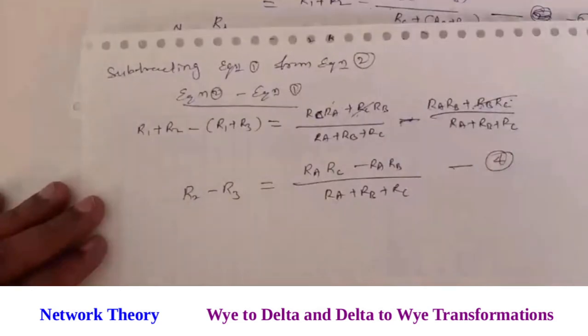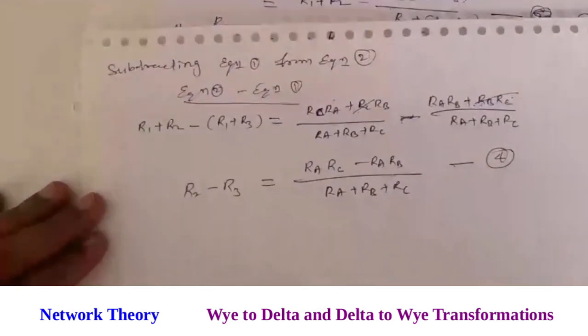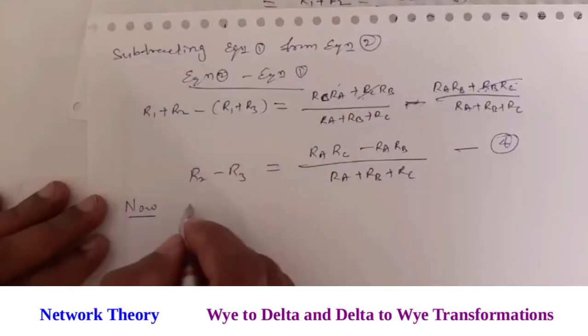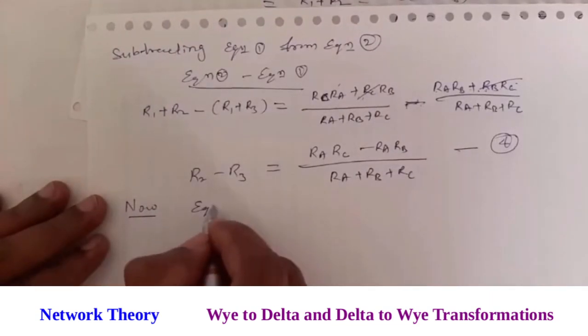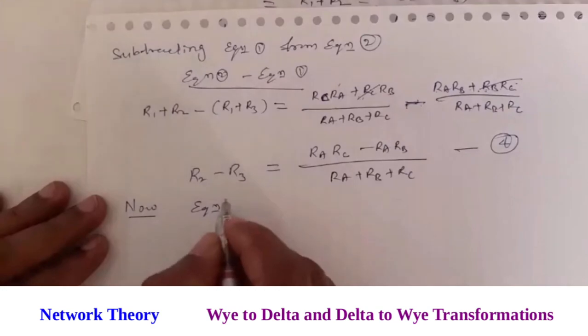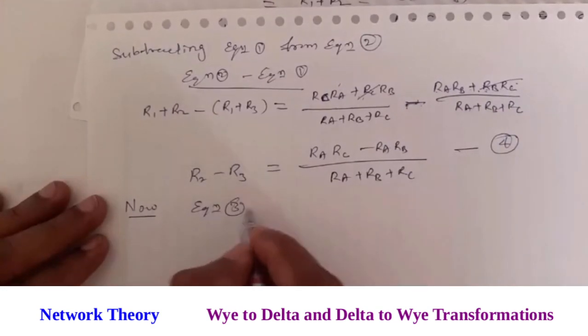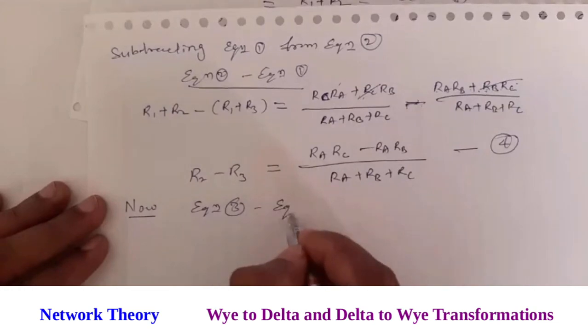Next equation. Now once again I'm going to subtract: equation 4 I'll subtract from equation 3. Equation 3 minus equation 4.